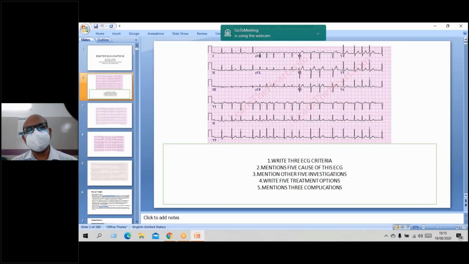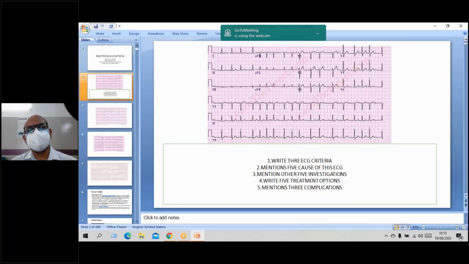Always mention number one, rheumatic heart disease, chronic rheumatic heart disease, especially mitral valve disease. Number two, systemic hypertension. Number three, coronary artery disease in any form, stable or unstable, MI. Number four, sick sinus syndrome.